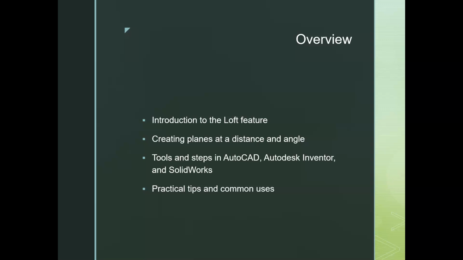What I'm going to show you is that it's easy to create these at distances and at angles. I'm not going to really show you a good example of a Loft command, but I do have some examples you can go and take a look at, and you're going to see there's one thing common amongst all of them. Hopefully you pick that up as we go along through this lecture, and I'll also recap it at the end.